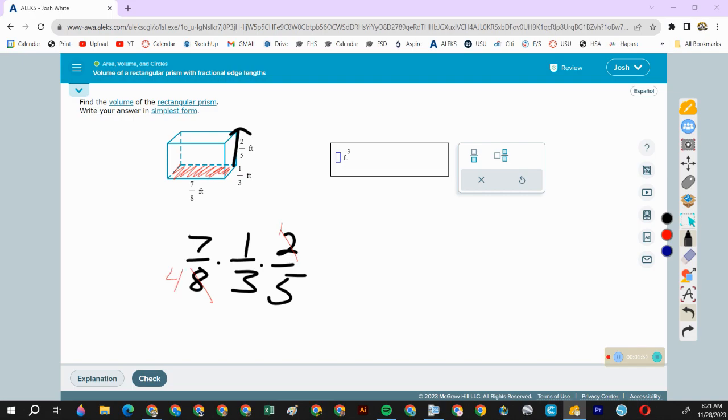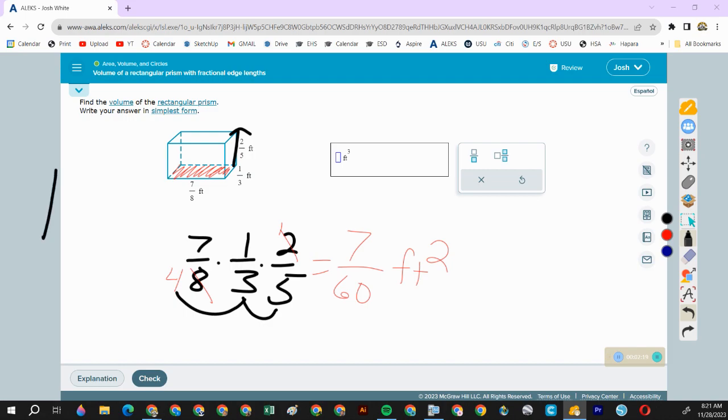So the top is just 7 times 1 times 1. When you multiply fractions, you multiply all the tops together and all the bottoms together. And then 4 times 3 is 12, times 5 is 60 feet squared. Now, 7 over 60 is a really small number. Why did the volume get smaller than the lengths?